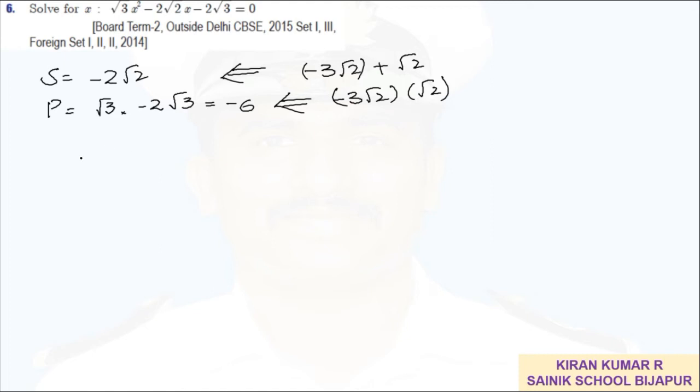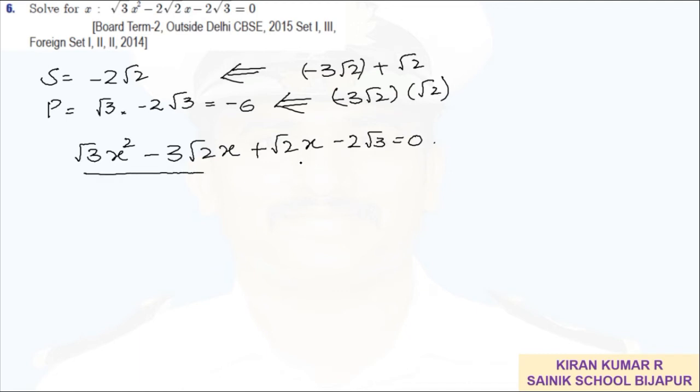So the middle term should be written as minus 3 root 2 times x plus root 2 times x minus 2 root 3 equal to 0. Let me group. Here, a very important thing is 3 is root 3 into root 3, 2 is root 2 into root 2.